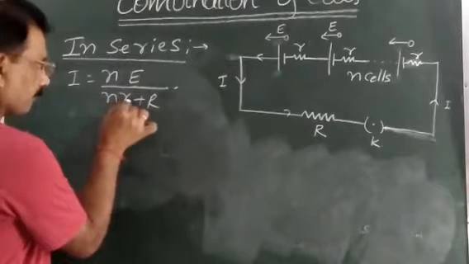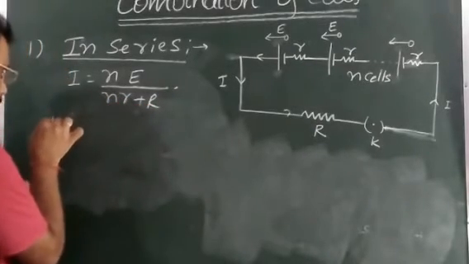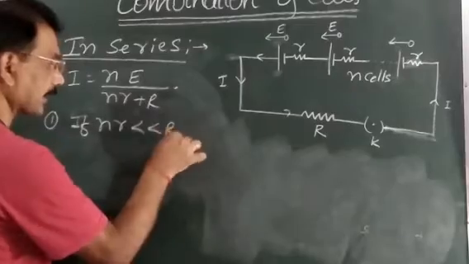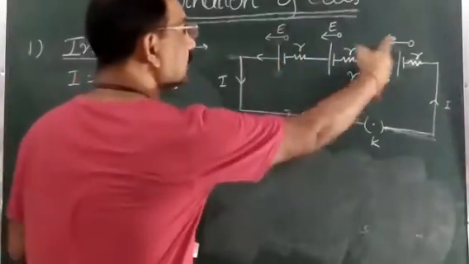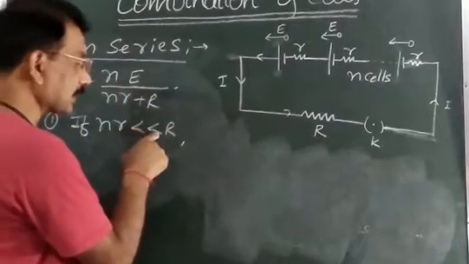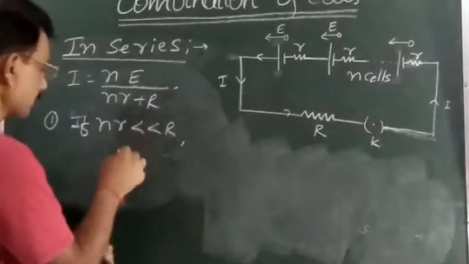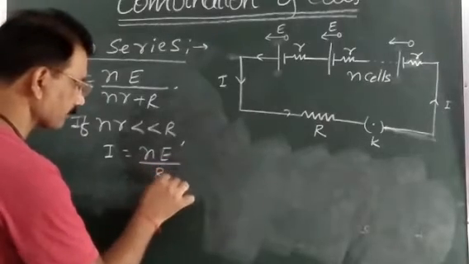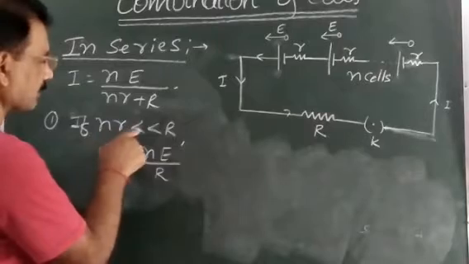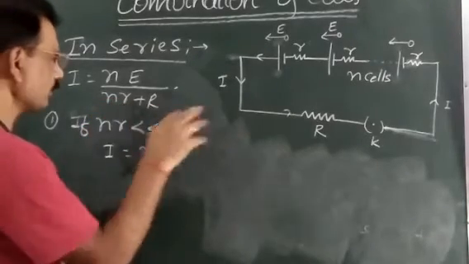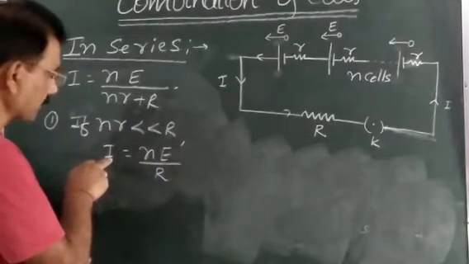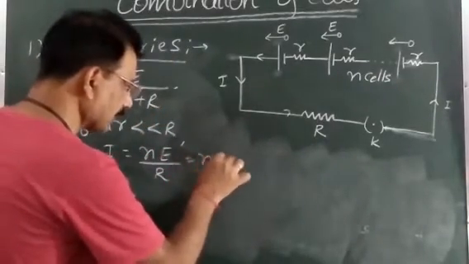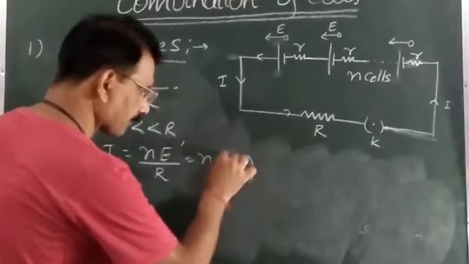First, if nr is less than capital R, meaning the internal resistance of these cells is very small in comparison to the external resistance, then nr can be ignored in comparison to capital R. And simply we get I is equal to nE upon R, that is, n into E by R.